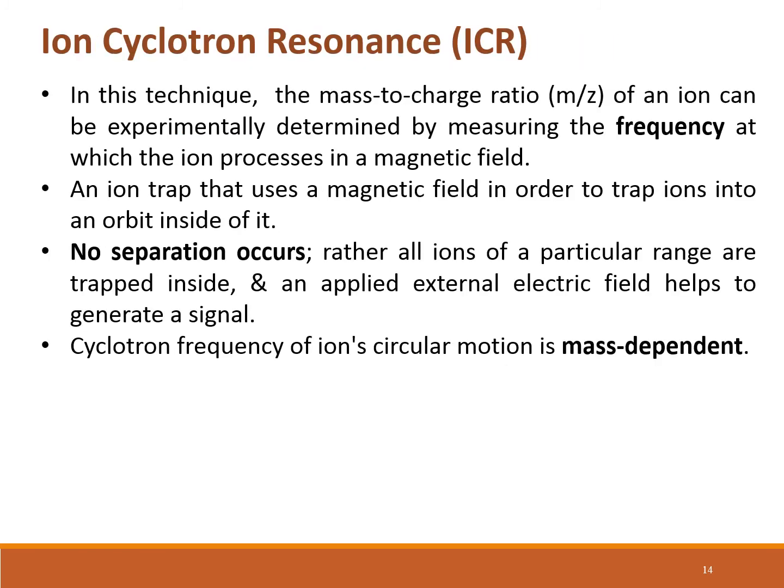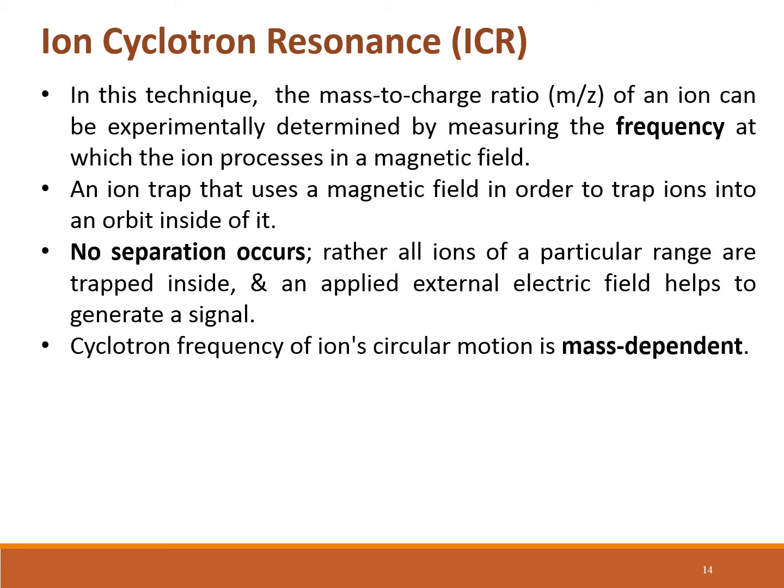Ion cyclotron resonance (ICR). In this technique, the m/z ratio of an ion can be experimentally determined by measuring the frequency at which the ion precesses in a magnetic field. It is an ion trap that uses a magnetic field in order to trap ions into an orbit inside of it. No separation occurs.